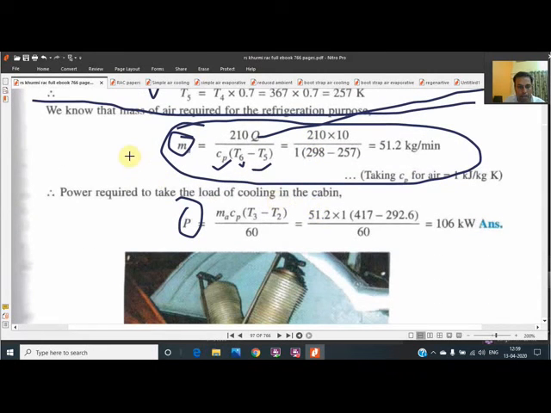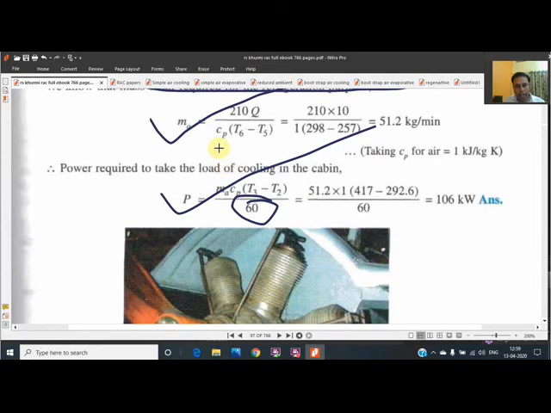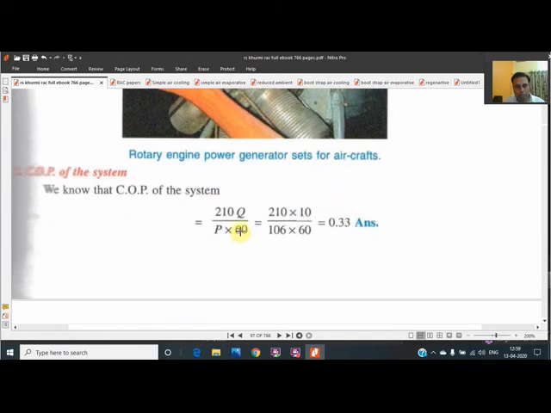And after determining the MA, what you are seeing over here, they have determined the power, because for power they have to divide it by 60. And if you divide refrigerating effect upon work done, you will get the COP also. Refrigerating effect you can get by two things.